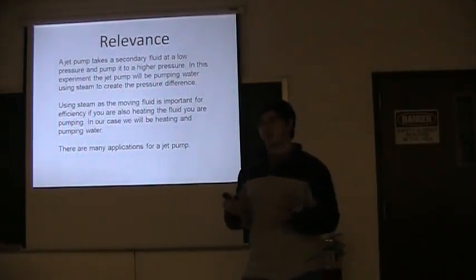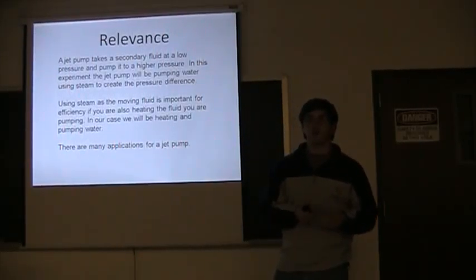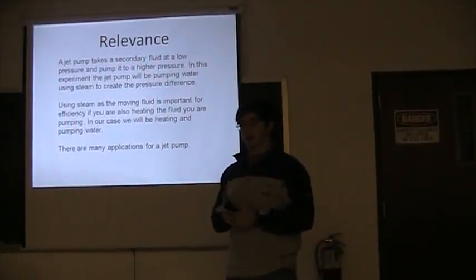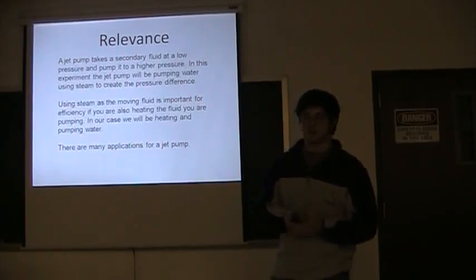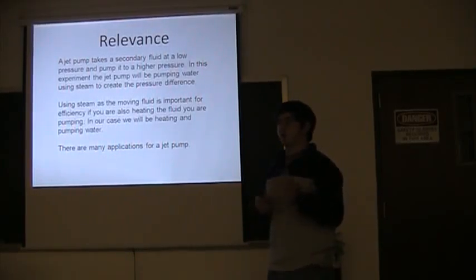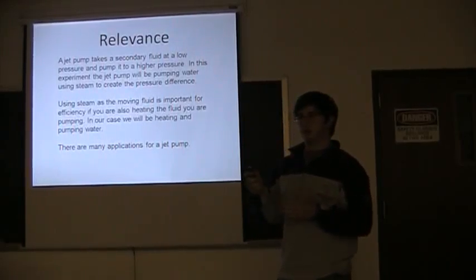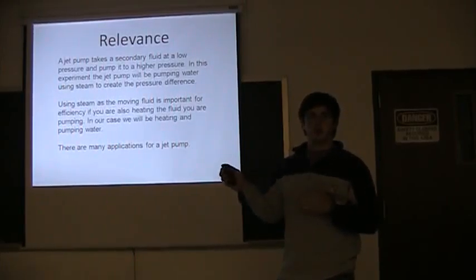So why is this relevant? Being juniors and seniors in mechanical engineering, we've had to experience a lot of pump problems in fluids and thermodynamics, and really understand the importance of what a pump does. So this is just looking at an application of a convergent divergent valve, or an ejector, being used in principle.